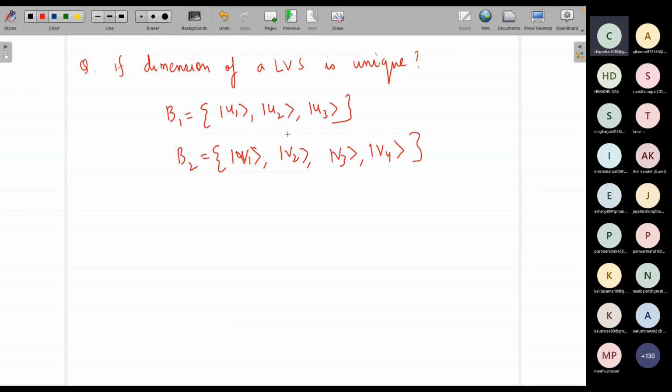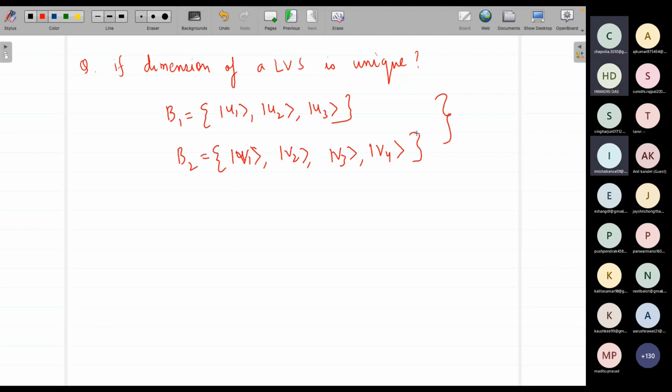And 0, remember, doesn't make linear dependence, so 0 cannot be part of the basis. So can the two sets be the basis for one given linear vector space?